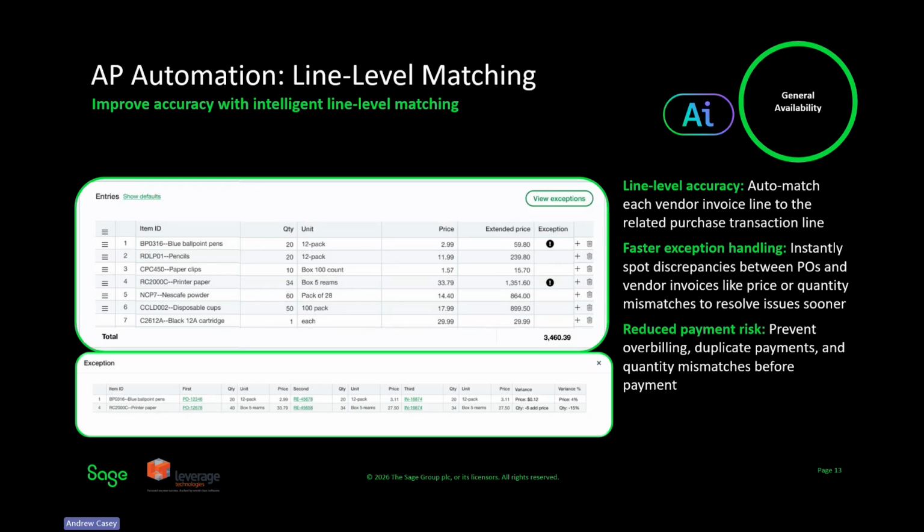When something doesn't align, like a price or quantity mismatch, the system will highlight it for you. As you can see here, you've got exceptions on these lines, and then it brings me the detail on the lines below of where the exceptions are. So in that case, there's a 4% price variance, there's a minus 15% quantity variance.